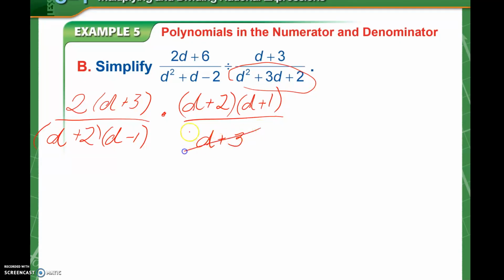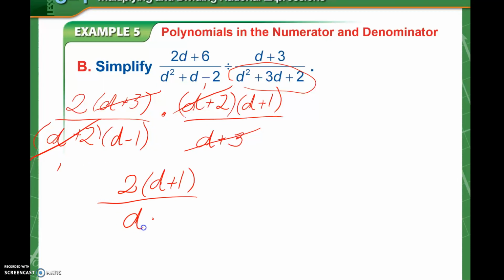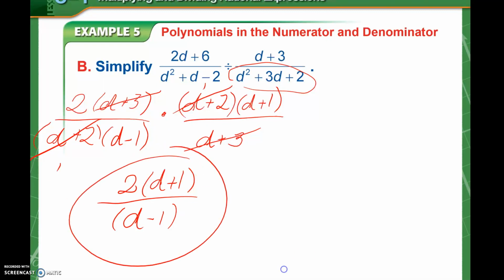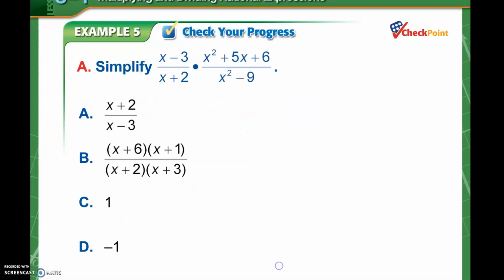Then we can multiply and start simplifying. So we have 2 times 1, which is 2 times d plus 1 over d minus 1. So that's how we're going to multiply and divide.